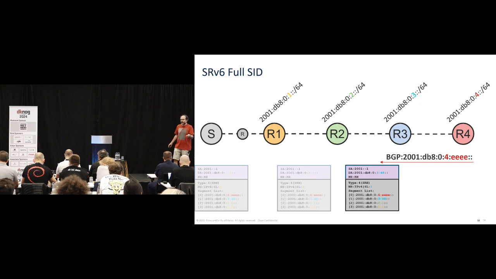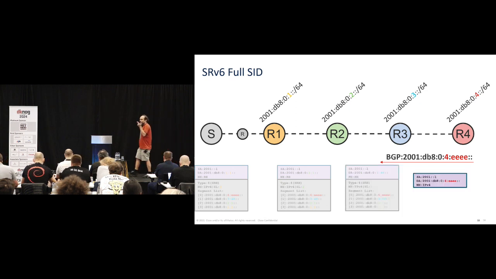Decrement segments left, copy the new active segment to the destination, and right now he can forward it accordingly, but he can be smart as well. Smart meaning he wants to make life of the endpoint a little easier, and save some bandwidth on the link between R3 and R4. He will do what we call penultimate segment popping.